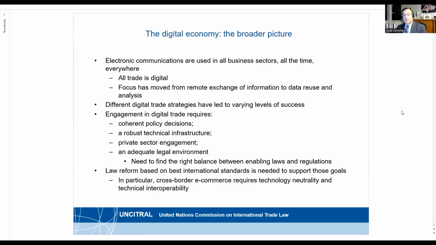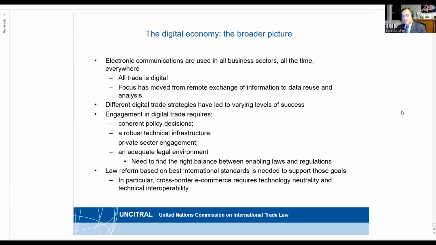When we look at the adequate legal environment, we know that law reform based on international standards is preferable to finding local solutions. And this in part because digital trade is inherently cross-border.